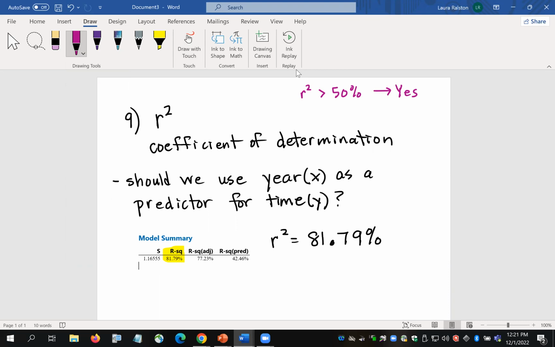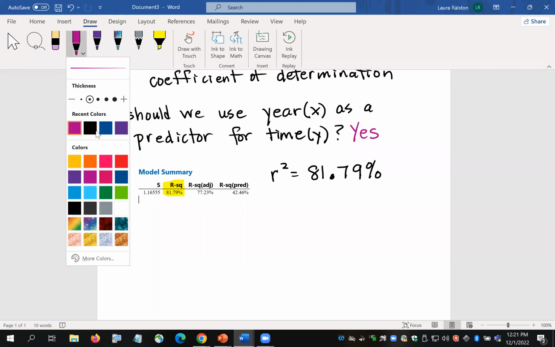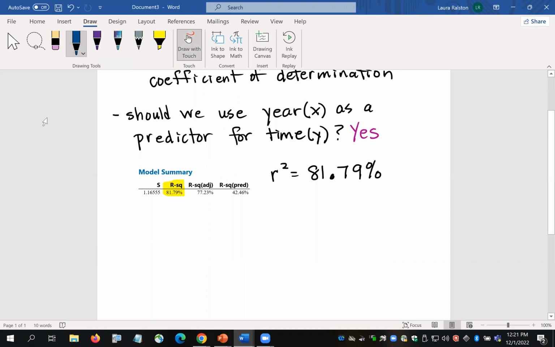So 81.79% is greater than 50%. So we can say, yes, that year should be used as a predictor for the time. And then the very last step is you have to formally interpret the R squared.